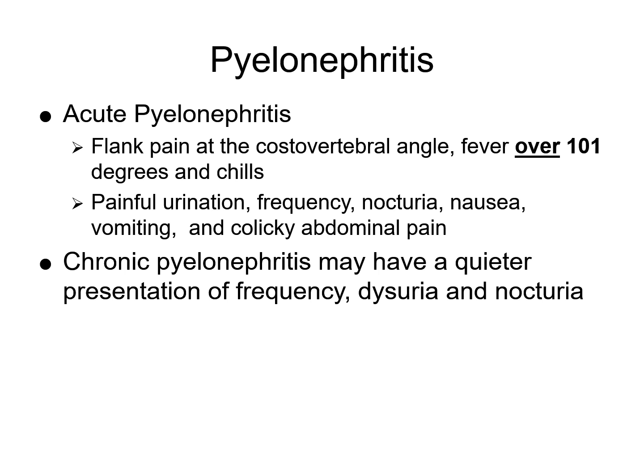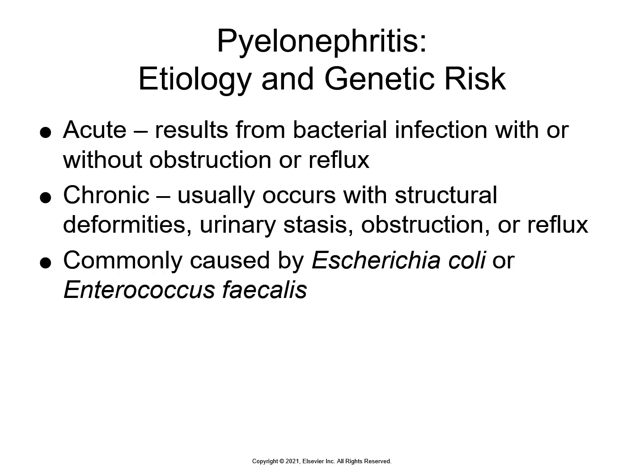If you have chronic pyelonephritis, then it may be not as bad as acute, but it's still very important that it be treated. This may occur because of frequent urinary tract infections due to some sort of injury or health problem. Genetic risk. Sometimes people can have reflux, have a problem from birth with reflux of the urine in the bladder.